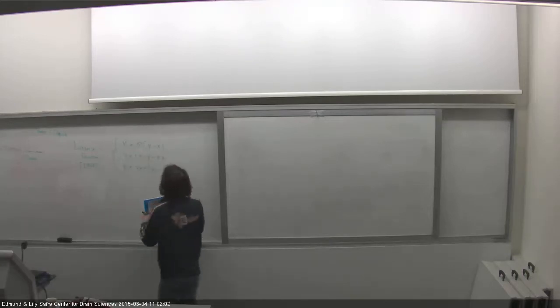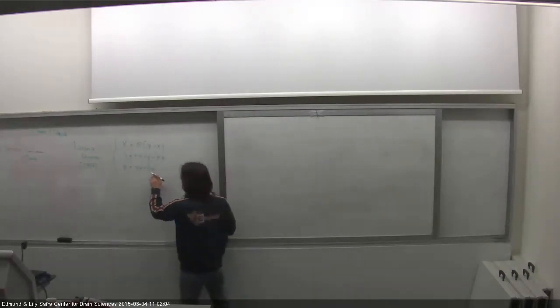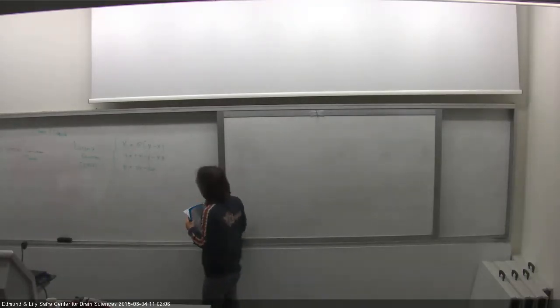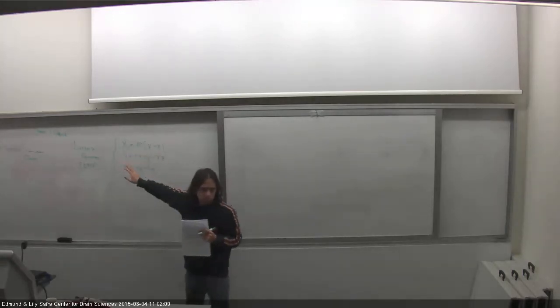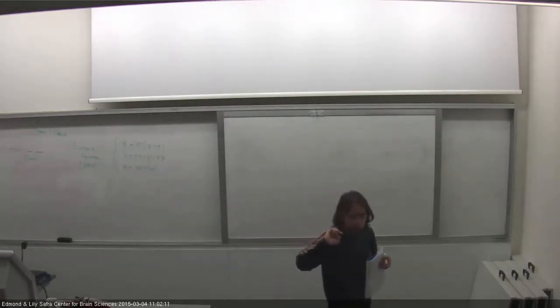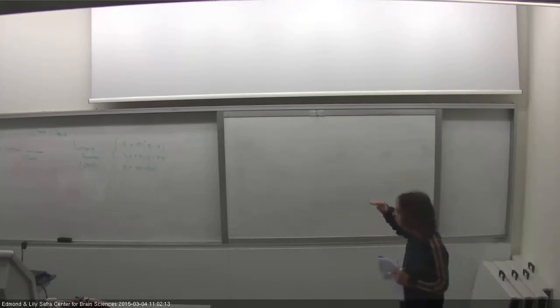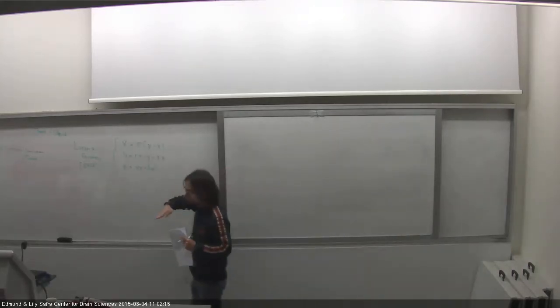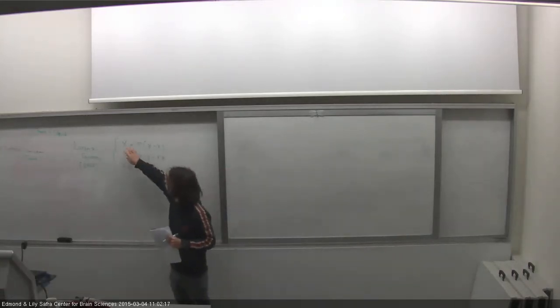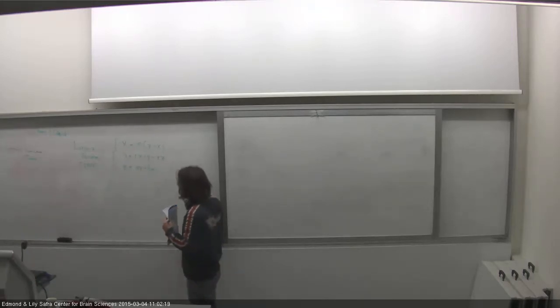Okay, so you have x and y and z that represent different variables in the system. V, if I remember correctly, is the vertical velocity, but x and y, I don't remember exactly what they are.